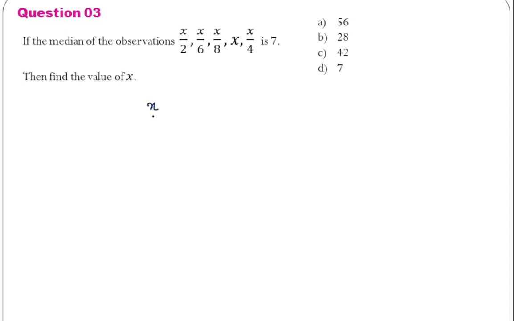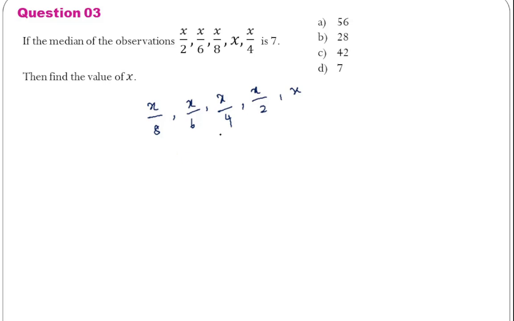So the first term is x by 8, the second term is x by 6, the third term is x by 4, the fourth term is x by 2, and the fifth term is x. Since the numerator is the same, ascending order means we have to arrange the denominators in descending order.